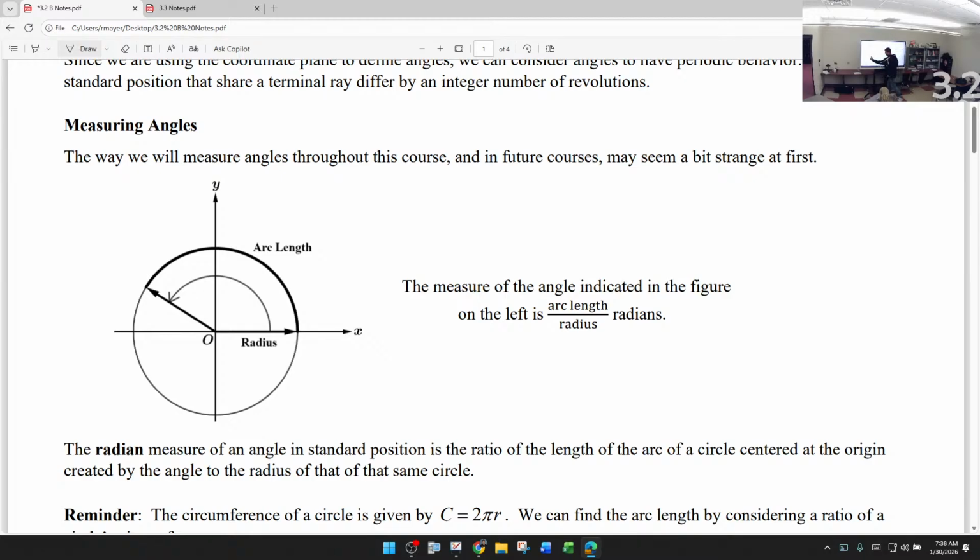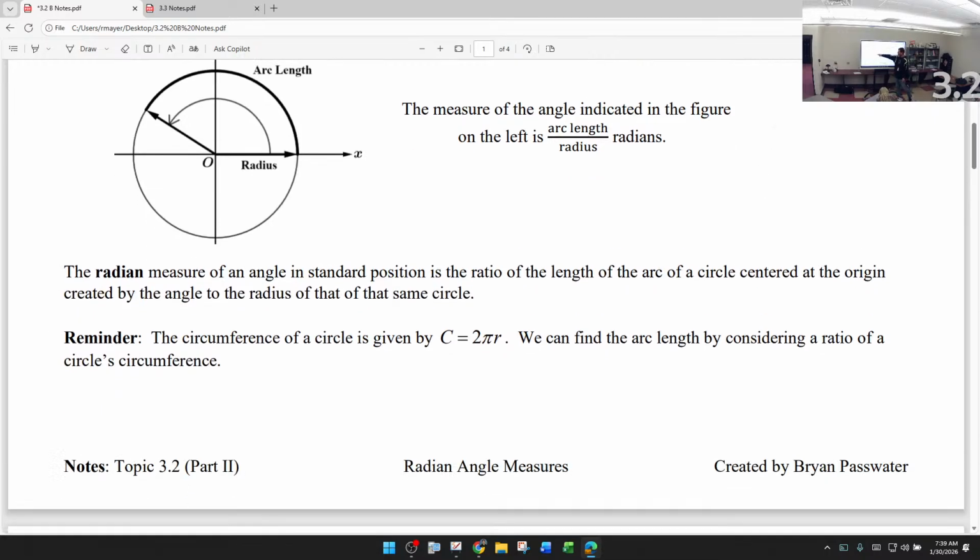The degree is kind of right here, but the arc length is the radian, because it's 2 pi all the way around. That's where they're starting to introduce that to you, but I've already done all that. The radian measure of an angle in standard position is the ratio of the length of the arc of the circle the angle creates at the origin. That's more confusing than just knowing that you're going around a certain distance, to me.